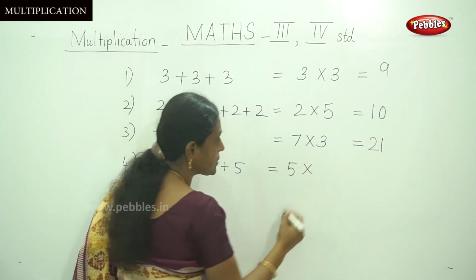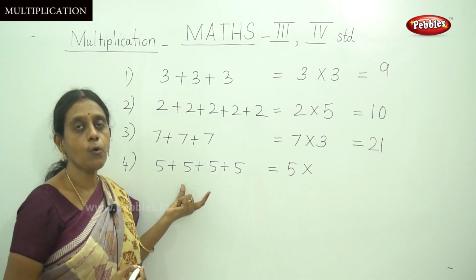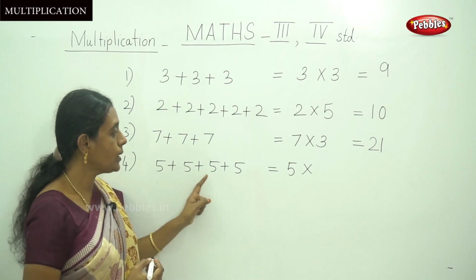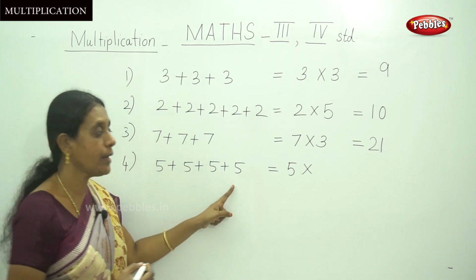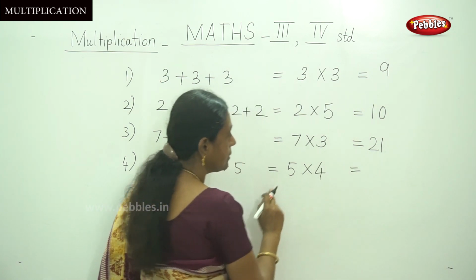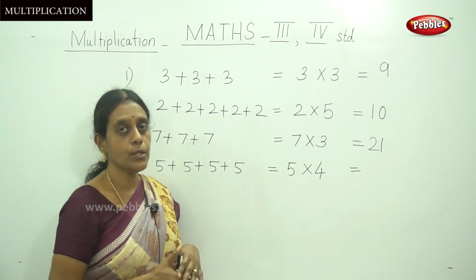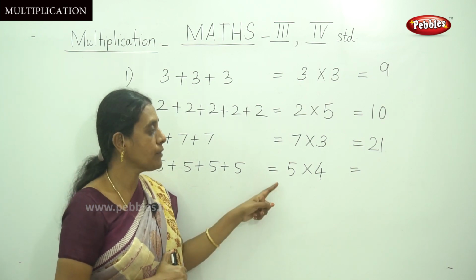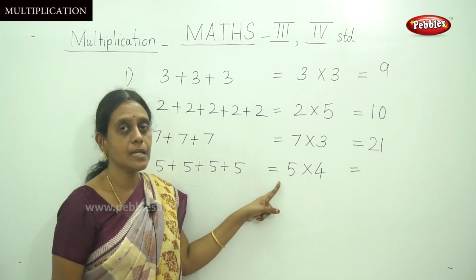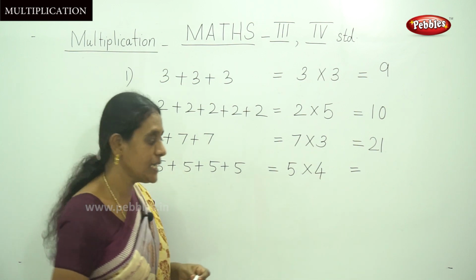Put a multiplication sign and count the 5s. How many 5s are written here? 1, 2, 3, 4. Put 4 here and say the 5 table up to 4. 0 5s are 0, 1 5 is 5, 2 5s are 10, 3 5s are 15, 4 5s are 20.